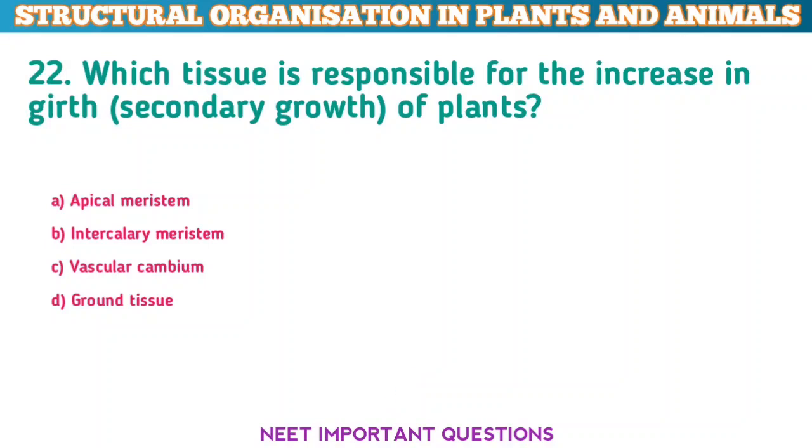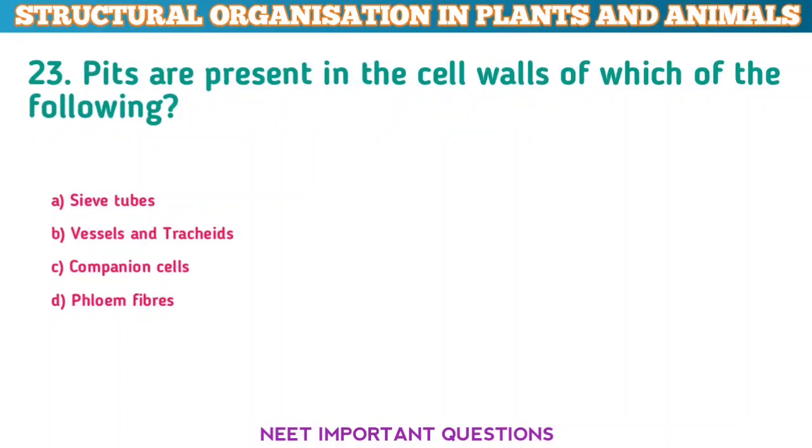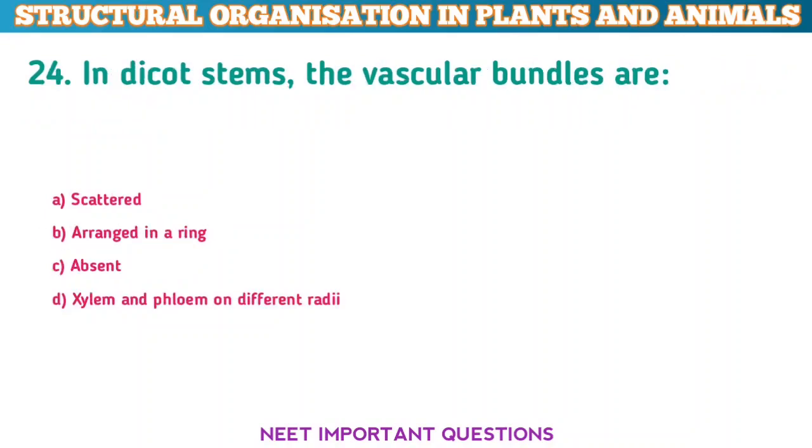Answer. C. Vascular cambium. 23. Pits are present in the cell walls of which of the following? Answer. B. Vessels and tracheids. 24. In dicot stems, the vascular bundles are.